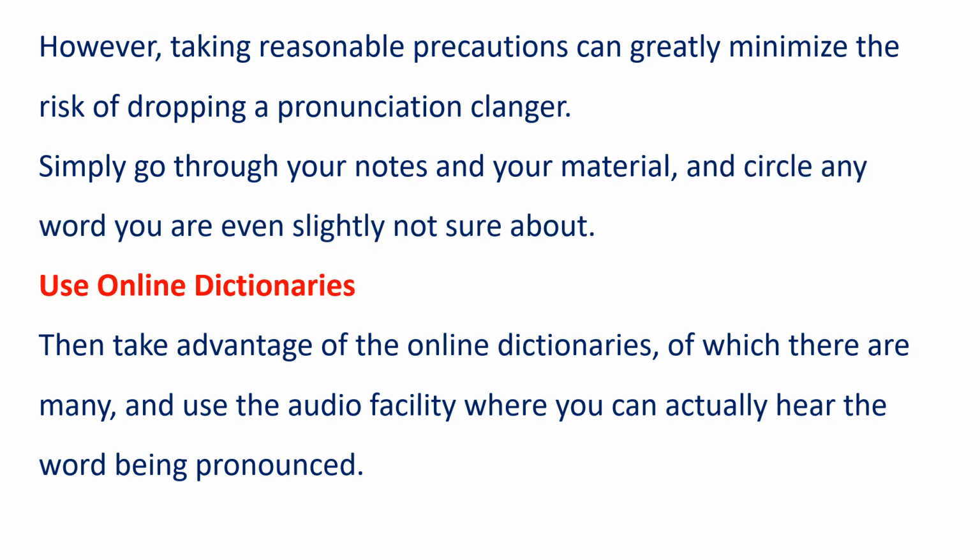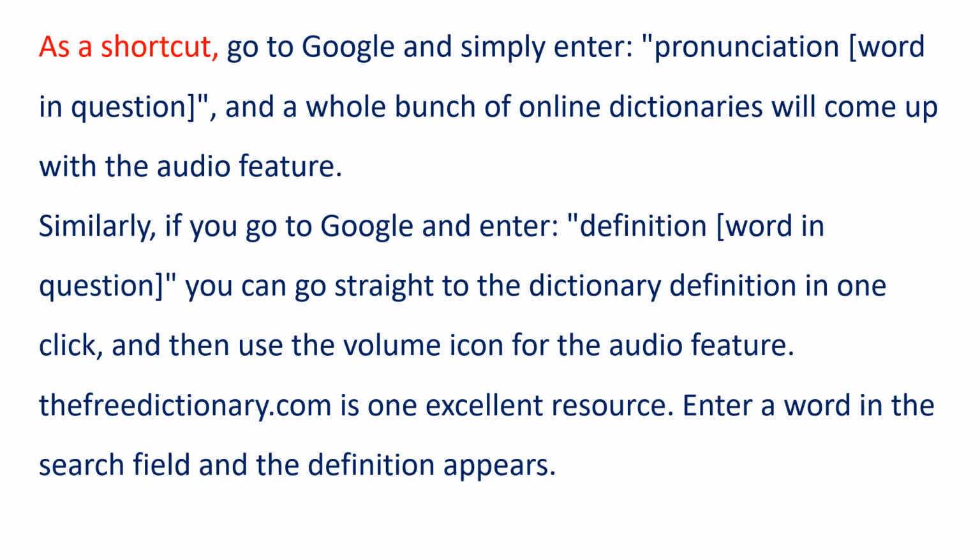Use online dictionaries. Take advantage of the online dictionaries, of which there are many, and use the audio facility where you can actually hear the word being pronounced. As a shortcut, go to Google and simply enter pronunciation plus the word in question, and a whole bunch of online dictionaries will come up with the audio feature.